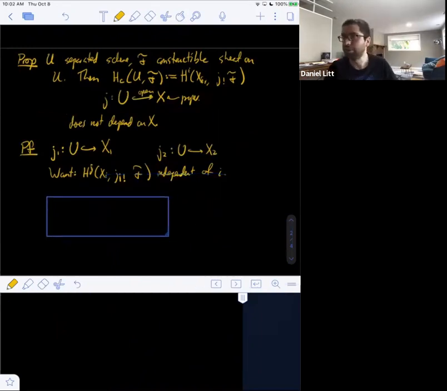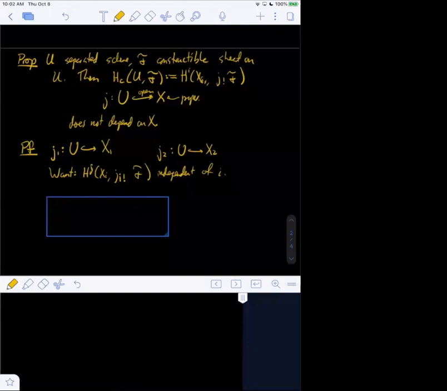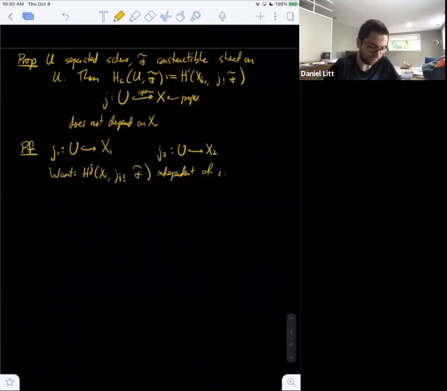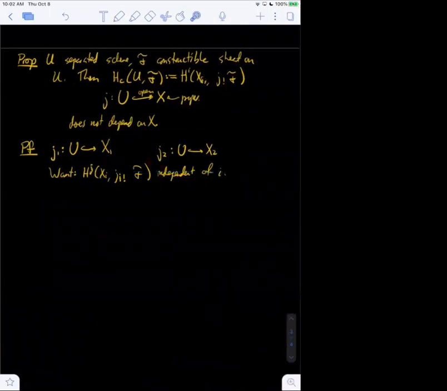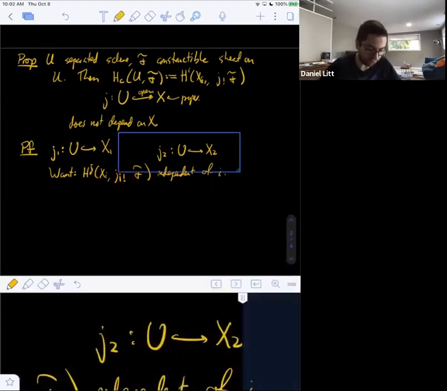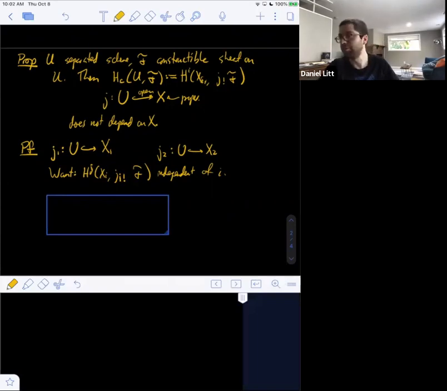So how would you produce such a thing? Sorry, I'm a little confused by your notation there. It's X_i, j_i lower shriek F. So here there's a j1 and a j2. Yeah, it's the i. Sorry about that. It looks like a weird collection of symbols over there. So how would you produce a compactification dominating both of these?